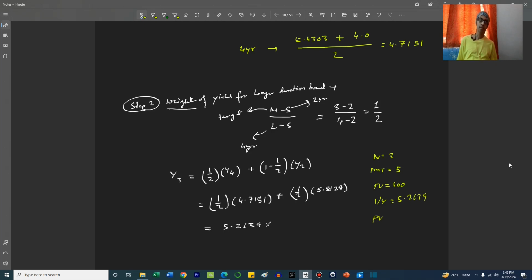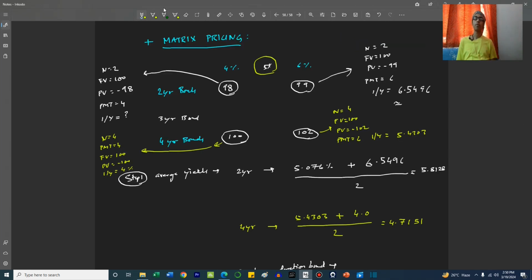We need to find the present value. Can't we do that? Yes, easily we can do that. This comes to be 99.2846. So we put the value in the matrix. The value is 99.2846. This is our desired answer.